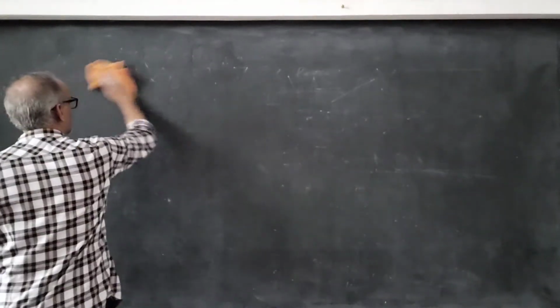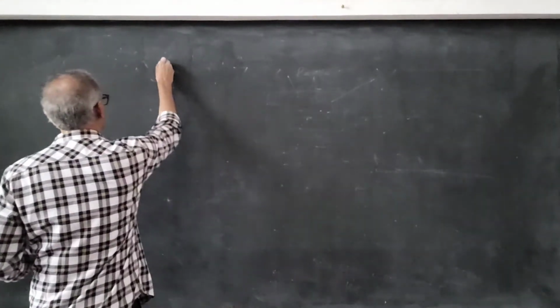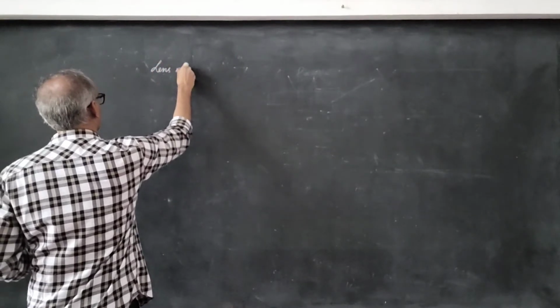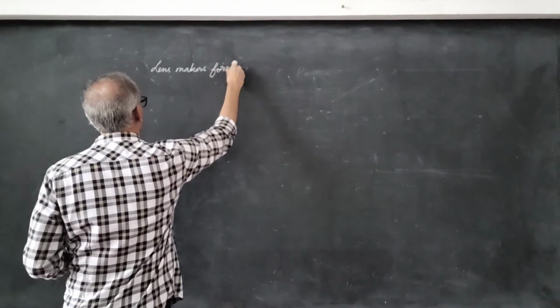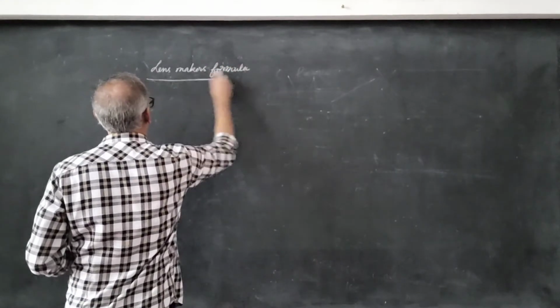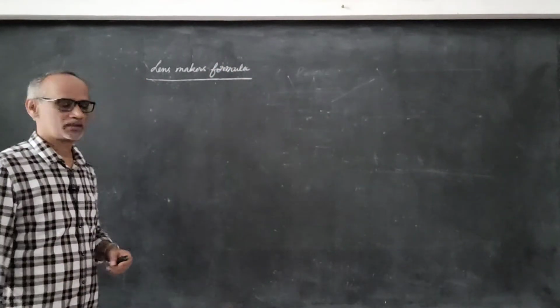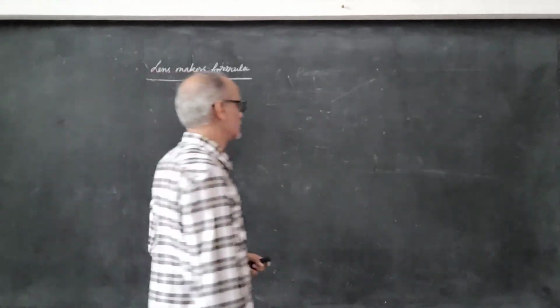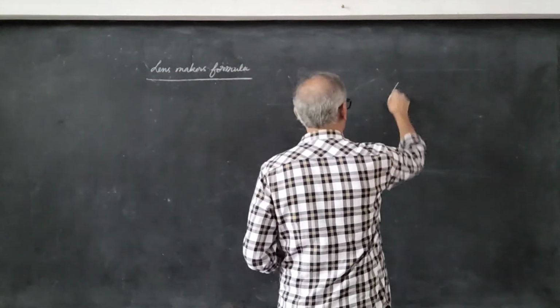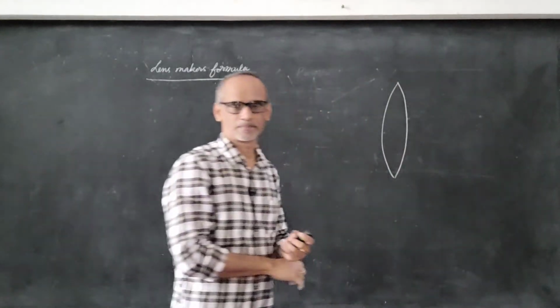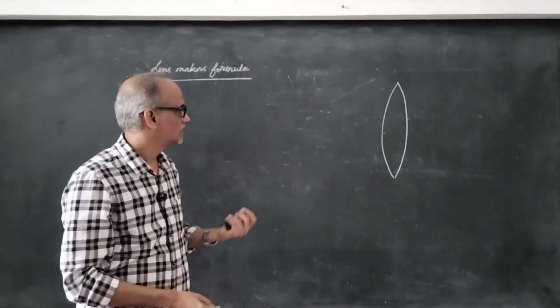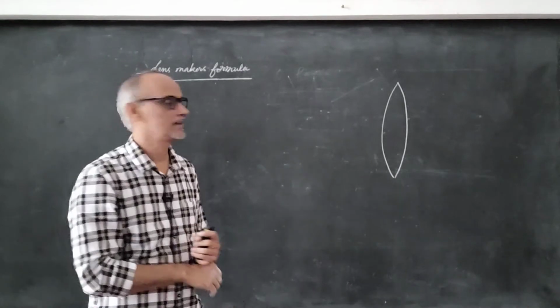This is an important derivation, and this is called the lens maker's formula. To derive this, I'm going to consider a thin lens. Even though it looks thick here, it's a thin lens.